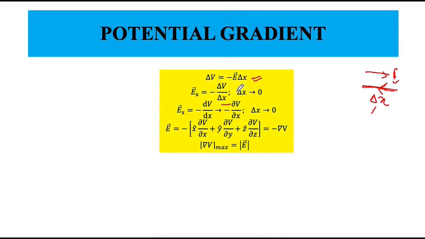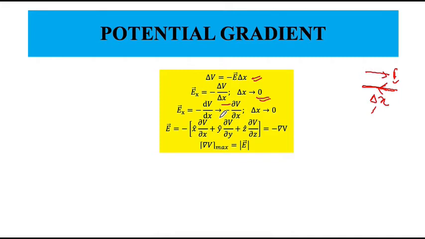Okay, we have seen this earlier also. We had minus delta V by delta R, and then delta R was taken to be 0, but here I am trying to make it a little more precise. The field I have obtained by moving along delta x is actually the x component of the field. So in the limit delta x going to 0, the electric field at that point is given by minus dV by dx.